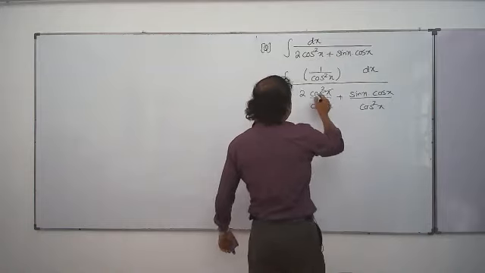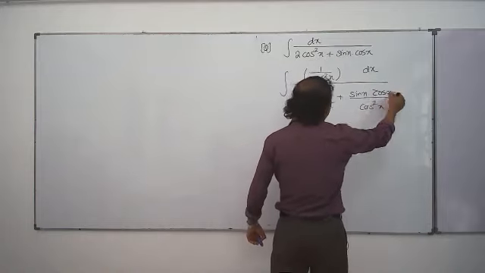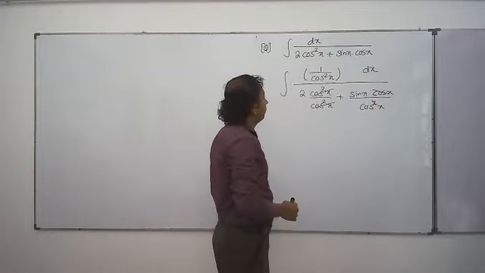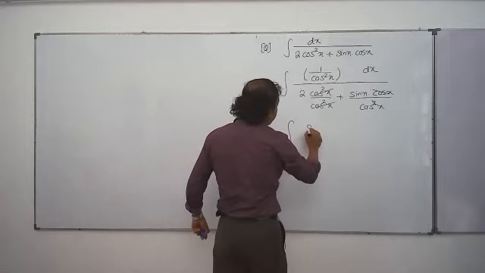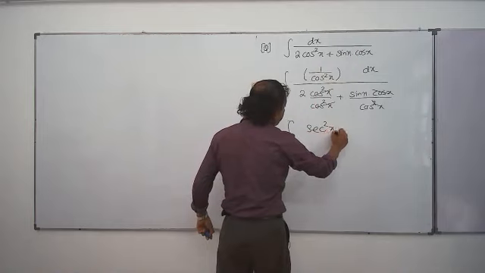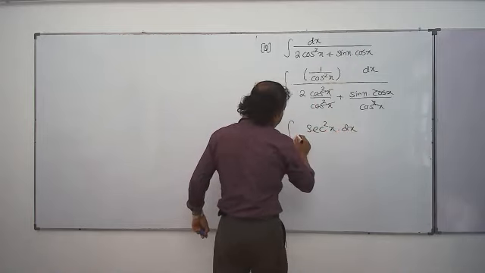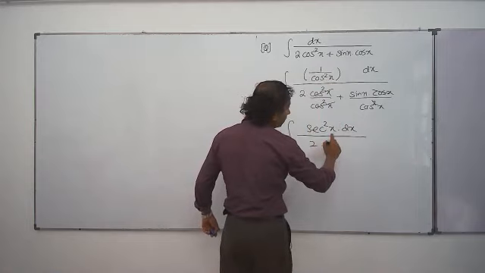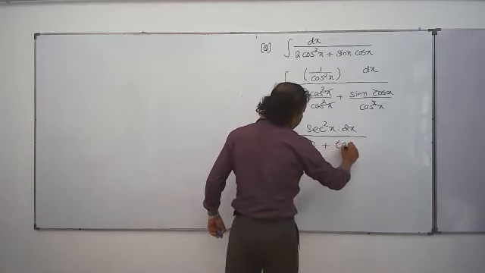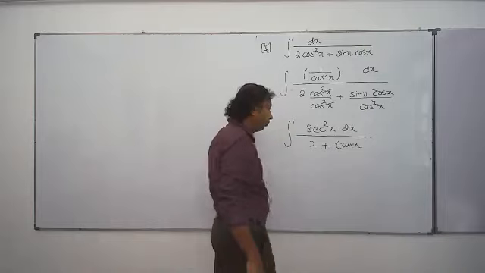Okay, these two you can cancel down. 1 cos x cancel down with this. Here 1 upon cos squared x is, people, sec squared x dx divided by this is 2 plus sin x by cos x is, people, tan x.